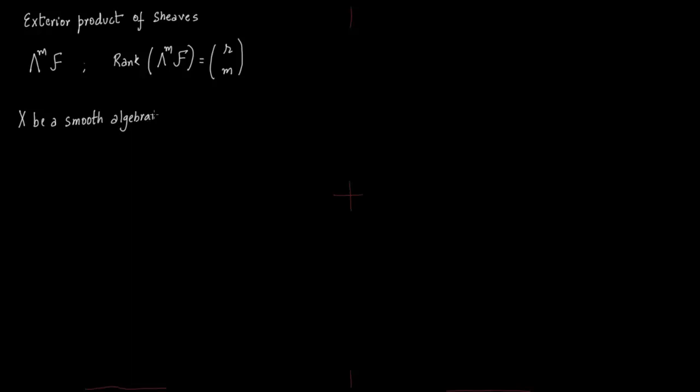Now let X be a smooth algebraic set over k. Then the bundle of morphisms on X is defined as, this is the definition, you just take the exterior product of the one forms.